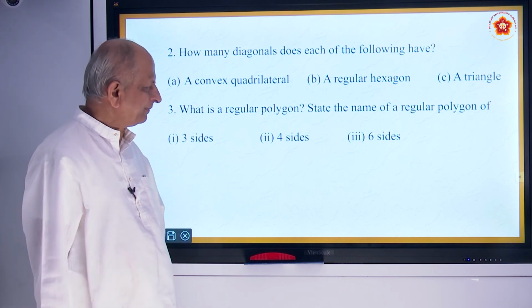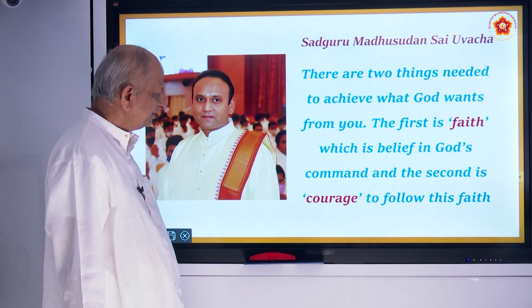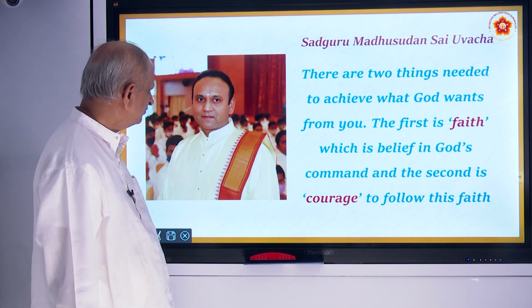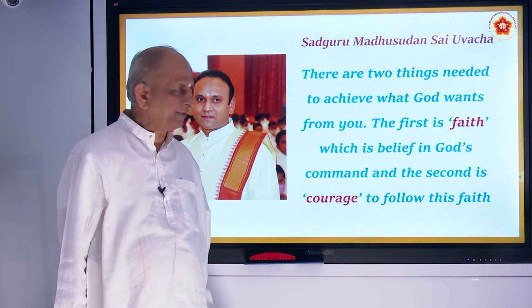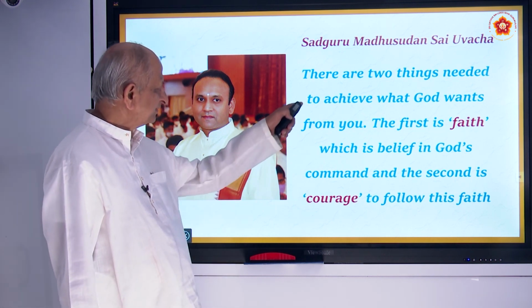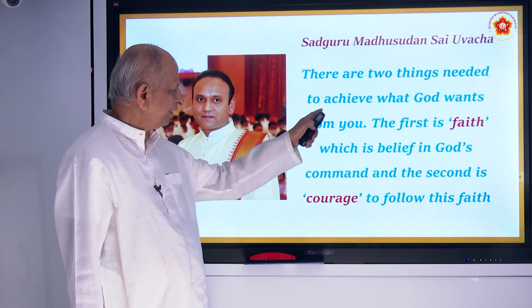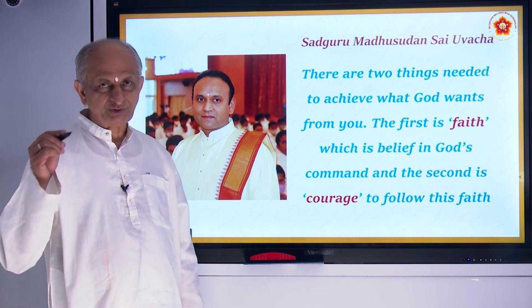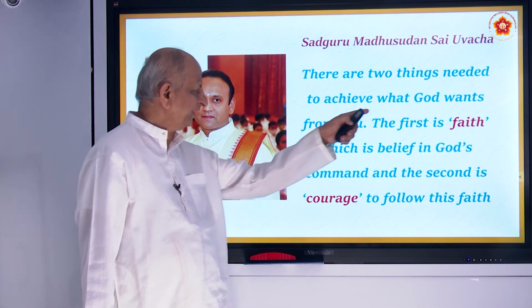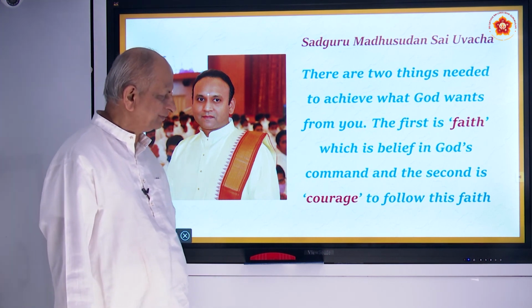Now let us see what Bhagavan Baba says. Sadguru Madhusudan Sai, who is staying in Mudinalli now, who is also an embodiment of Sri Sathya Sai Baba. What he says, there are 2 things needed to achieve what God wants from you. First is faith, that is belief in God's command.